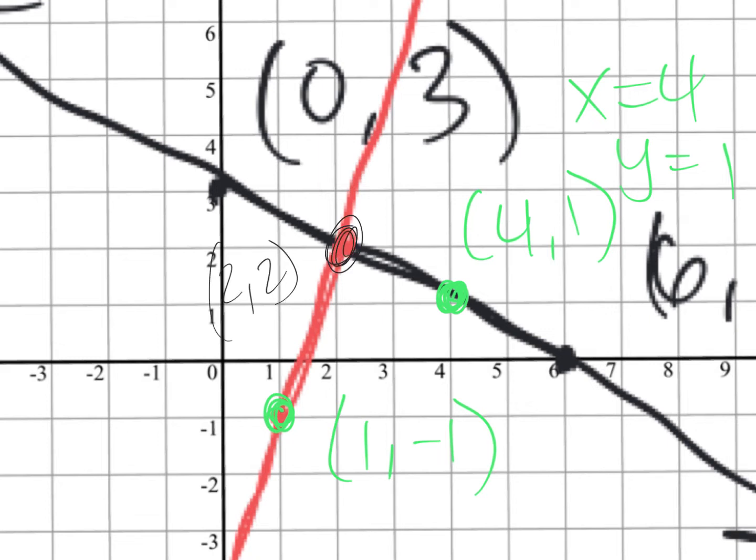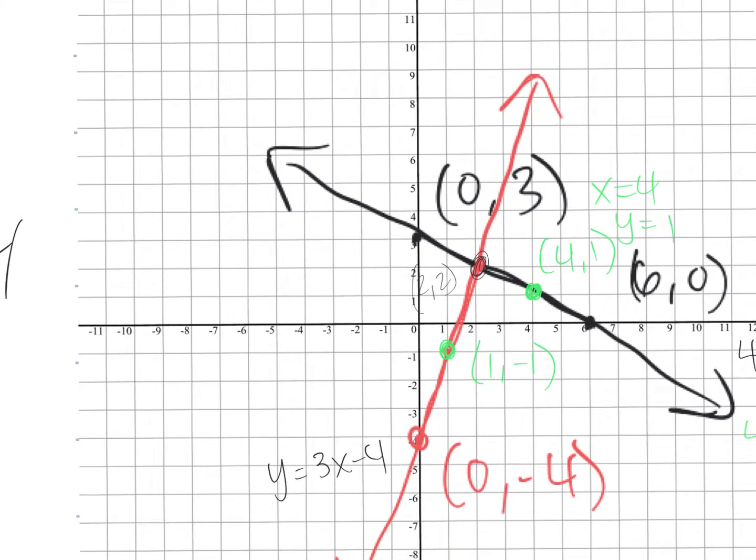Guess what's so important about 2, 2? It's the only point in the entire coordinate plane that will work for both of those equations. Because it's the intersection. Do you see how it's a point for both the red and the black line?